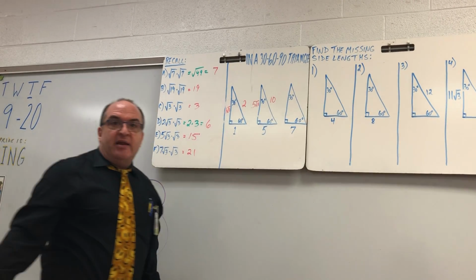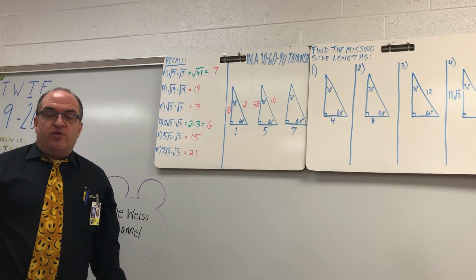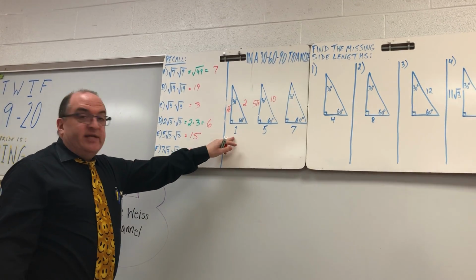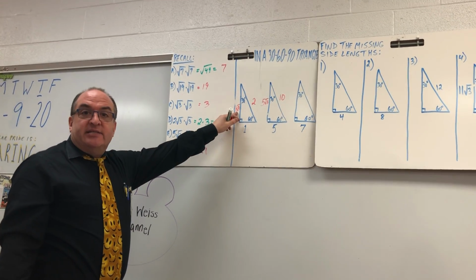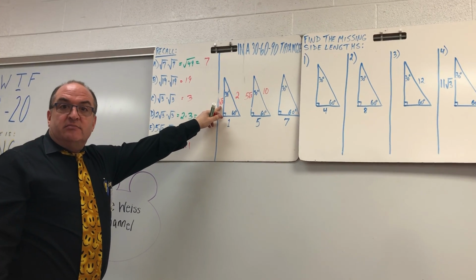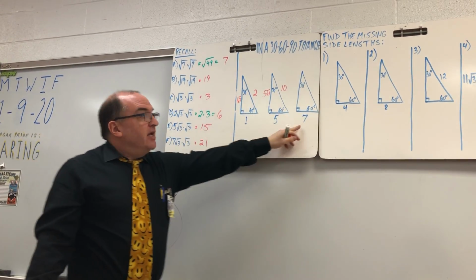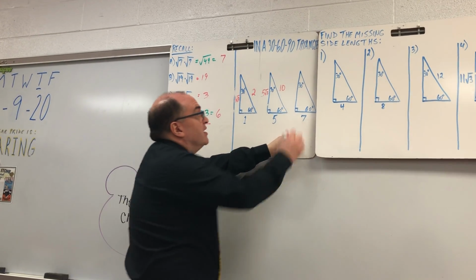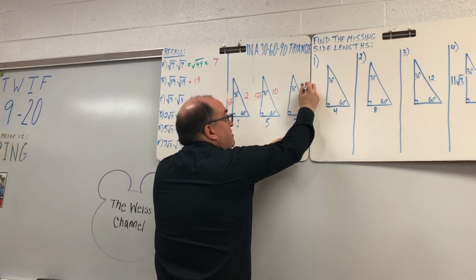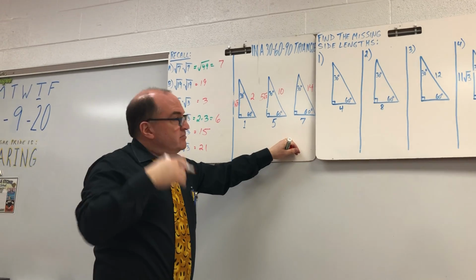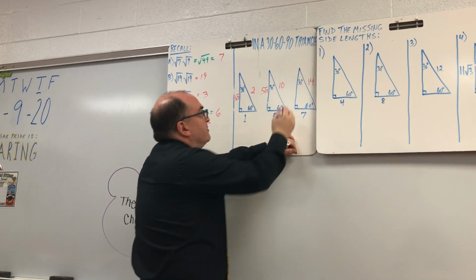Just like that. Whatever this is, it's this times square root of 3 is this. Always. If this is 7, the hypotenuse is 14, and the long leg is 7 square root of 3.